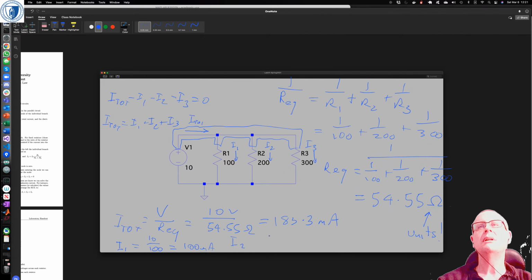I2 is also equal to V on R, which is now 10 on 200 ohms, which is equal to 50 milliamps. And I3 is equal to V on R, 10 on 300, which is going to be 33.3 milliamps.